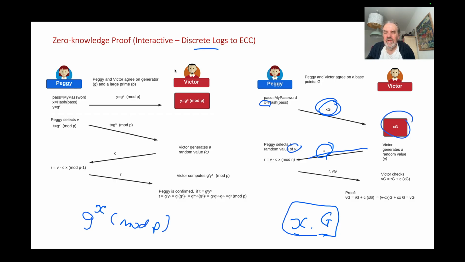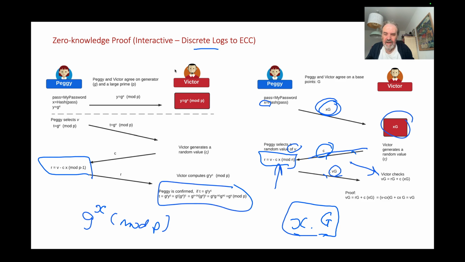Peggy will generate her own v value here, and then calculate, just like we did here, a scalar value of r. She then sends the value of r and vg over, and then just like we have here, Victor will actually do the proof here.